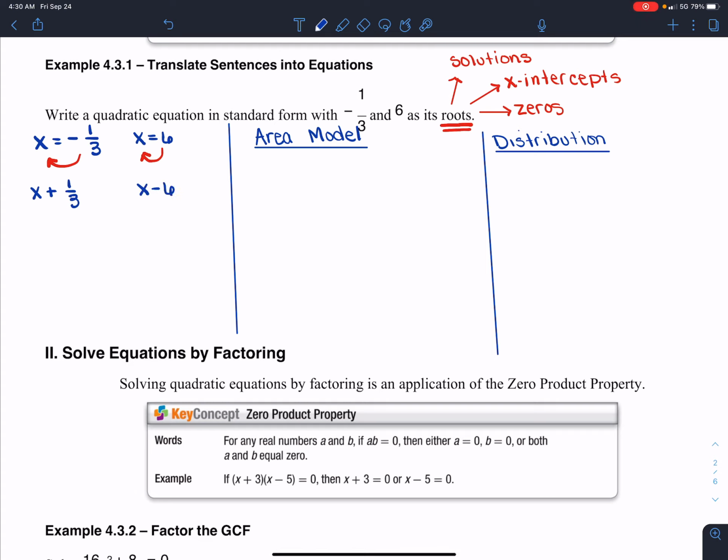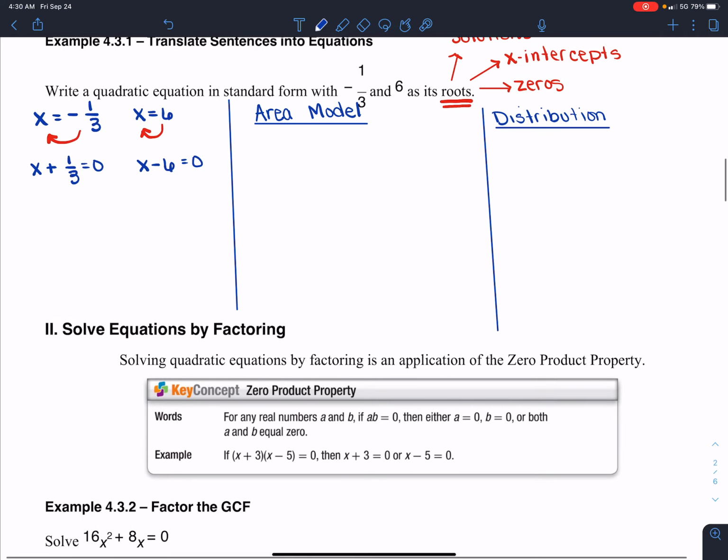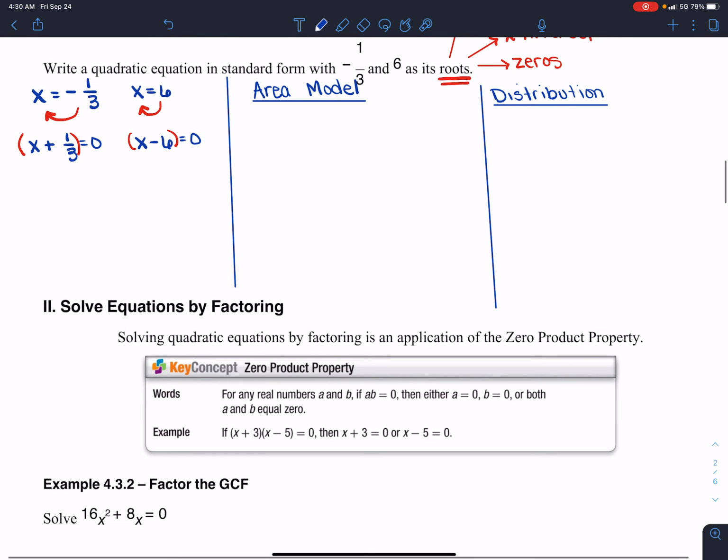By writing it that way, these both equal 0. So whenever we want to solve it, we want to set it equal to 0. So now we have two groups here. Our first binomial is x plus 1/3, and our second one is x minus 6. So we're going to take those two binomials and multiply them together.